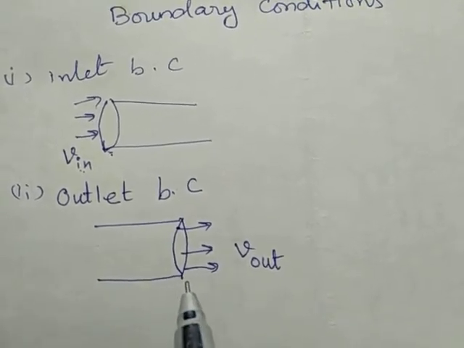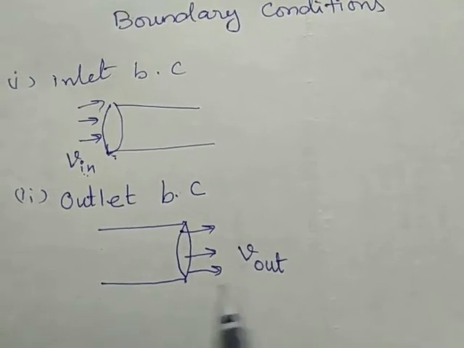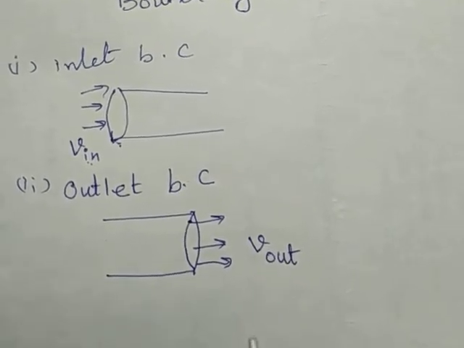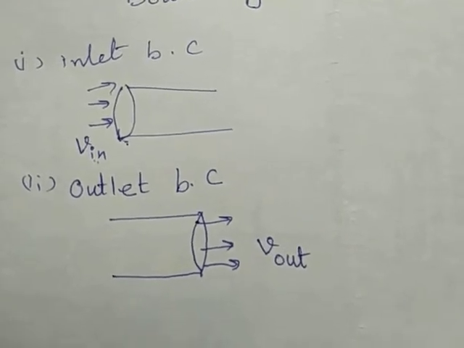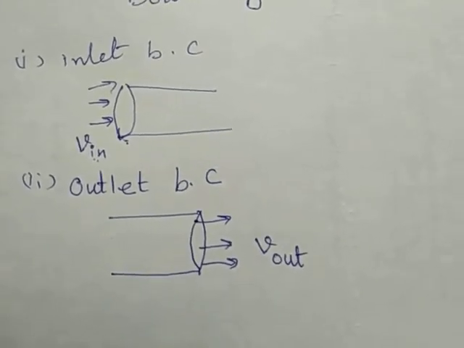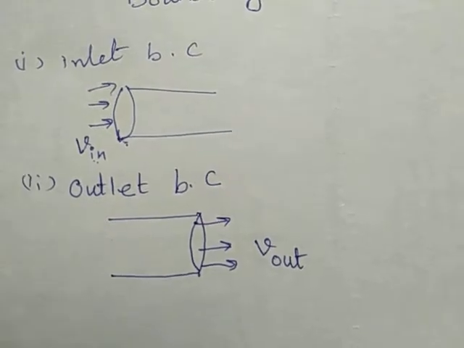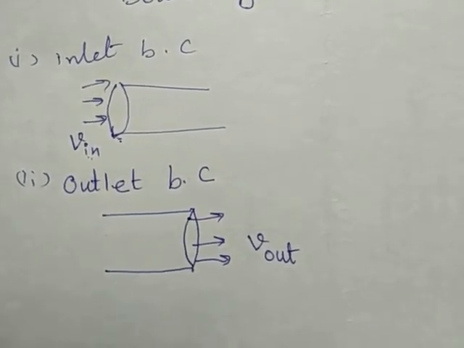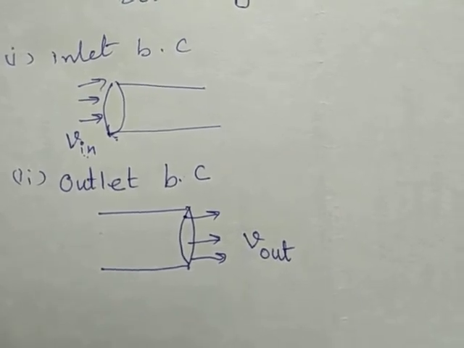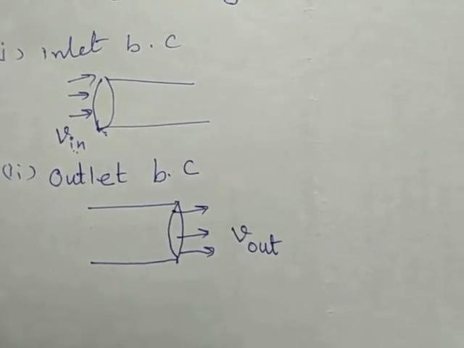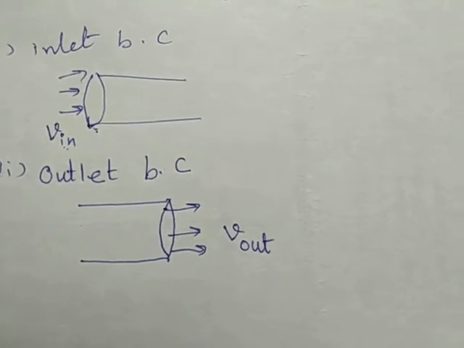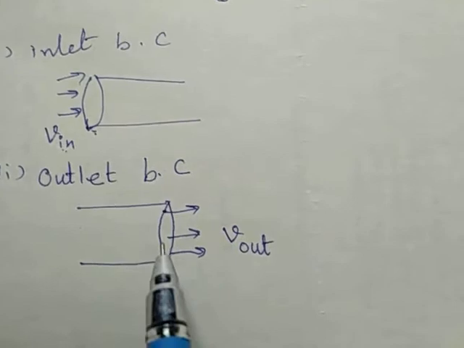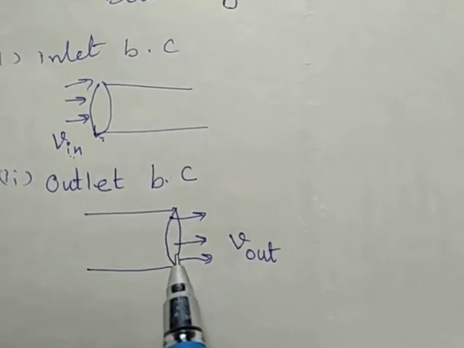Here at the outlet point, I have defined velocity. Such type of boundary condition we call outlet boundary condition. In outlet boundary condition, the distribution of all the flow variables needs to be specified at the outlet boundary, mainly the flow velocity. This type of boundary condition is common and specified as outlet flow velocity.